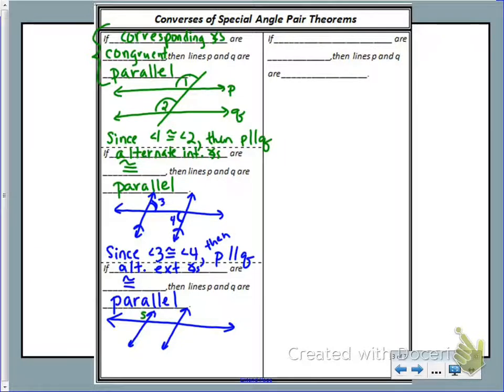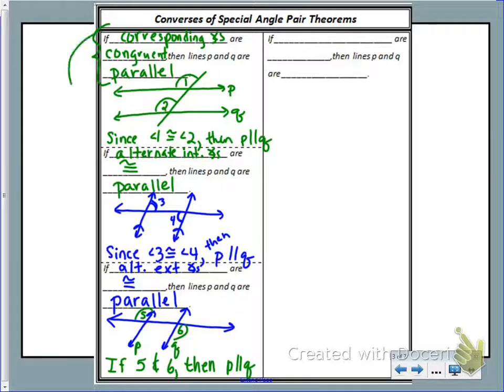In this case now, we know that these alternate exterior angles are congruent. That's our beginning information. So since the alternate exterior angles 5 and 6 are congruent, the conclusion now is that it's not about the angles. We already knew the angle relationship. But the conclusion is that P is parallel to Q. So this line is parallel to this line. So it's pretty much about what we were given as opposed to what we're finding.